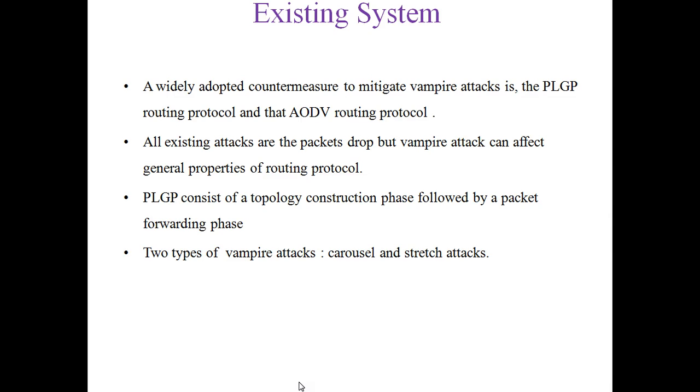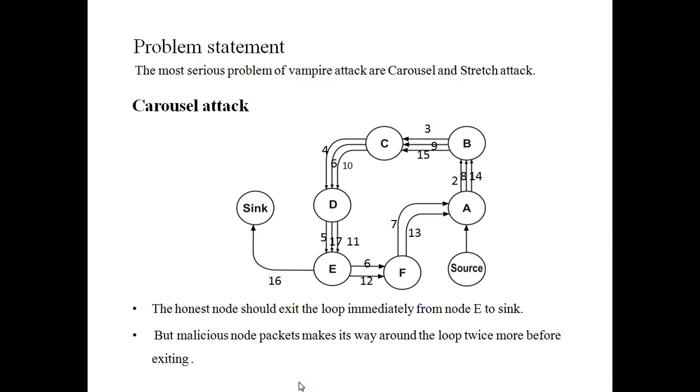In the vampire attack, there are two types of attack, the corrosion attack and the stretch attack. These are the most common serious problems of vampire attacks. In the stretch attack, it increases the routing loops between nodes, and it causes extra energy usage for packet forwarding.